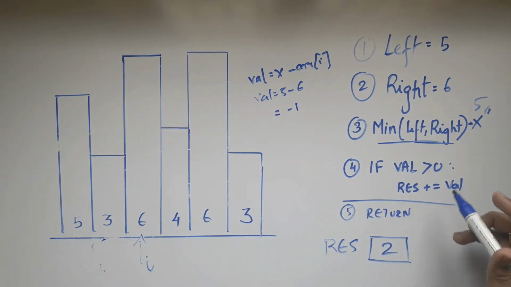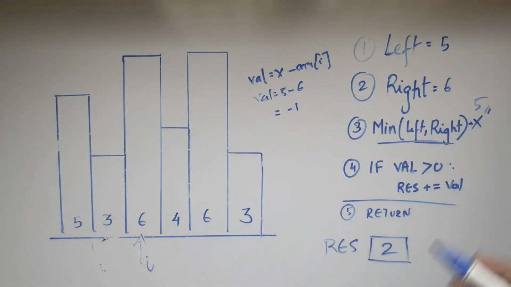So minus 1, definitely that means, what it means in the physical realm is that it cannot store any amount of water in our context, if we call it a rainwater problem. So this will be neglected. This step will be just like, if it is not greater than 0, we will not update the value of result, and again we will repeat.